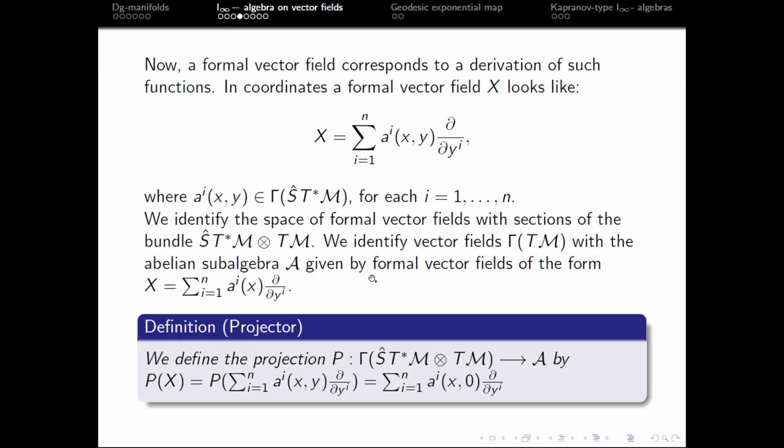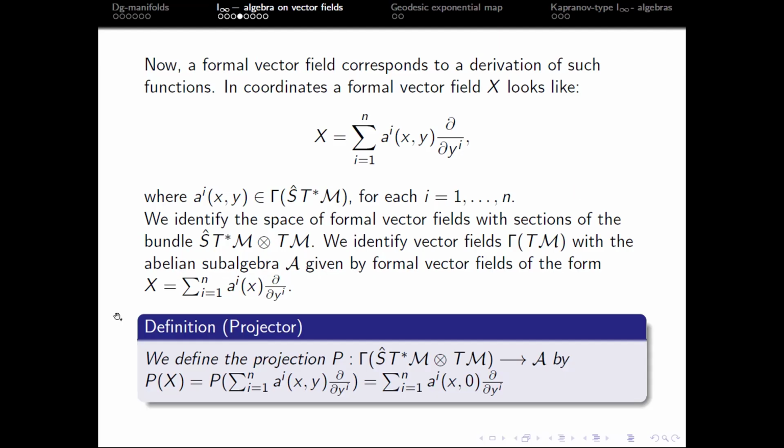So I just identify the space of vector fields on M with expressions of this form. And then, of course, if you compute this Lie bracket with vectors of this form, you will have that this is 0 because the coefficients are independent of the y coordinates.